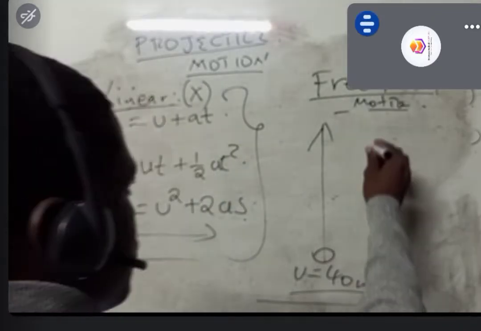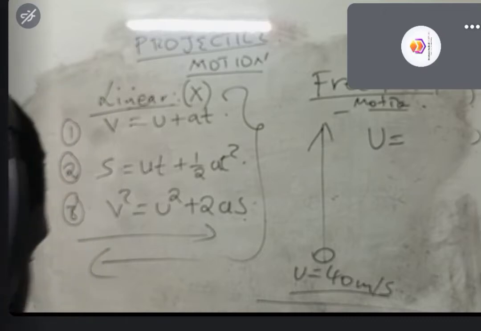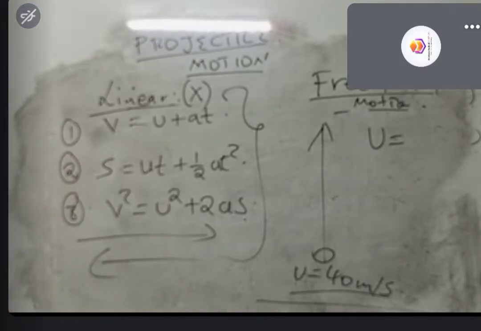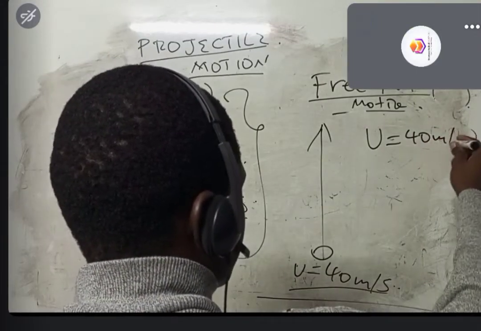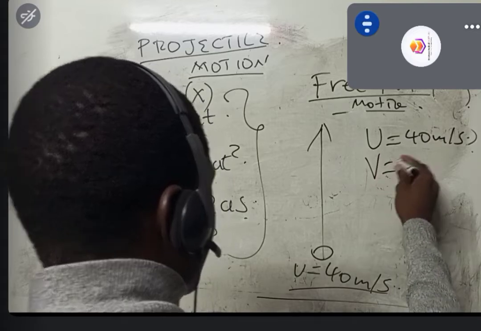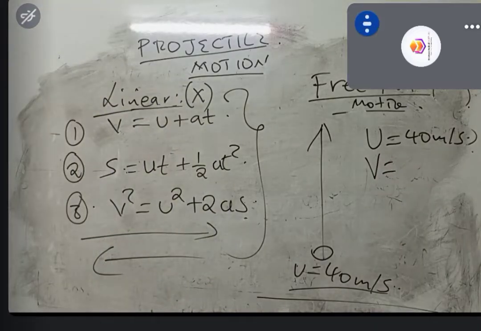We know that our U is equal to what? Which is 40 meters per second, right? Do we know the maximum velocity? Oh, the final velocity at the maximum point.